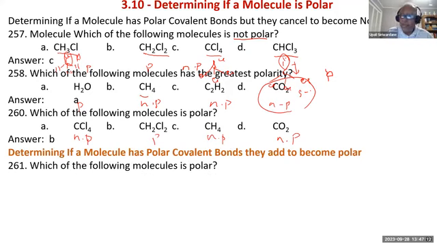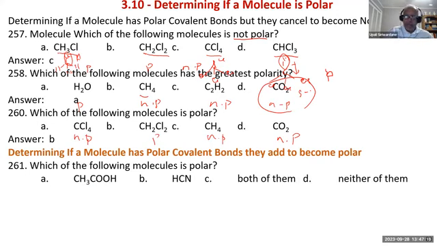Which of the following molecules is polar? When you have molecules like this, this is an organic acid called acetic acid. This group is polar.